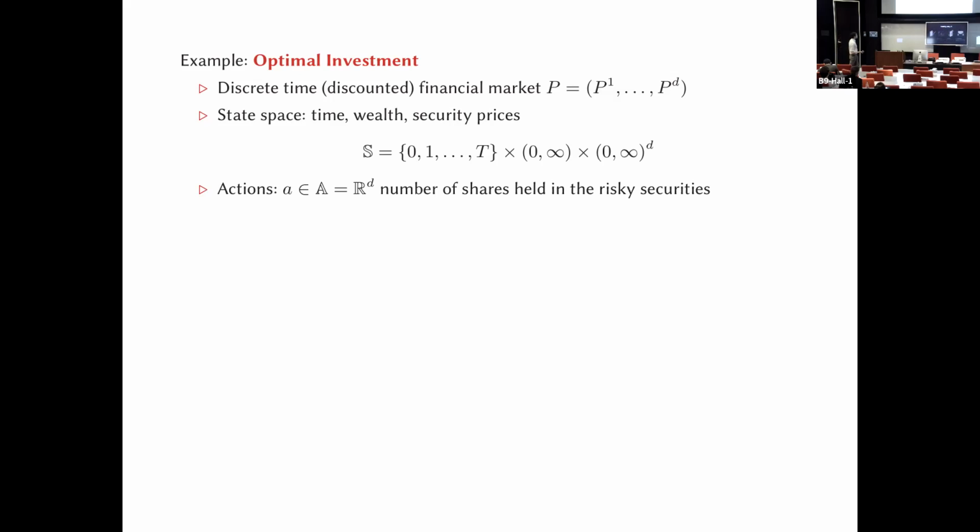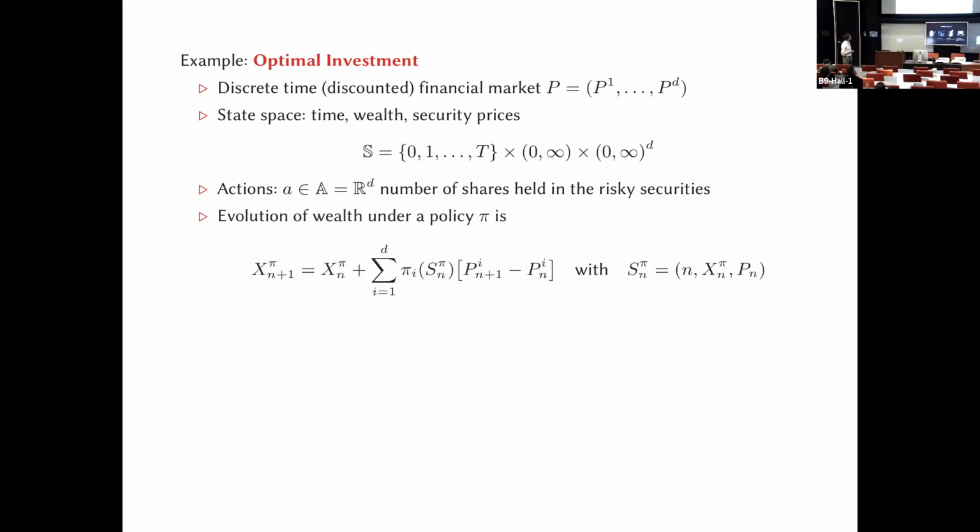What are my actions? My actions are how many shares of these securities I hold at each point in time. So this can be any R^d vector. Straightforward. And once I have that, I can write down the evolution of wealth. It's very simple.